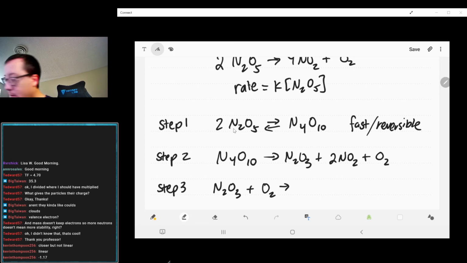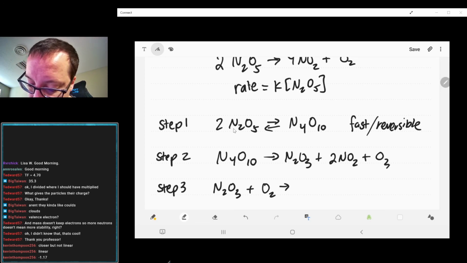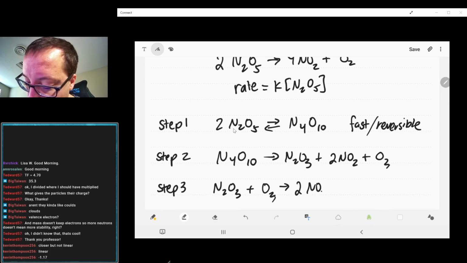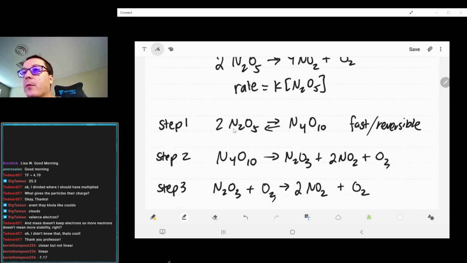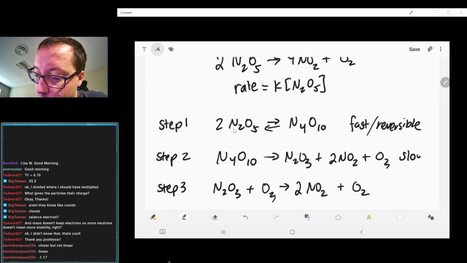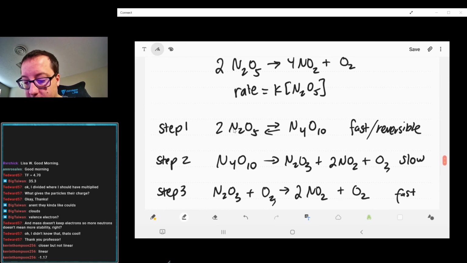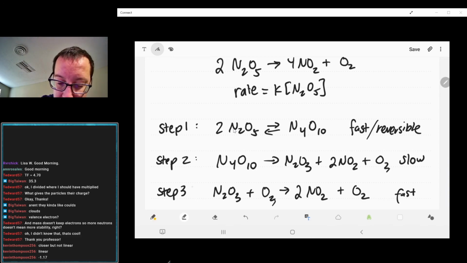I'm sorry, it's ozone, not oxygen. I can't read. Gives 2 nitrogen dioxides plus our oxygen. Okay, there we go. It's always fun to copy these, right? So this is the proposed step, or rather steps, that could lead to this overall reaction.